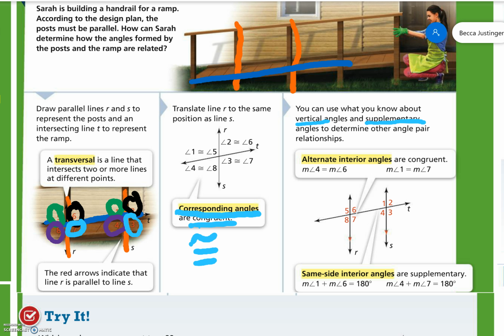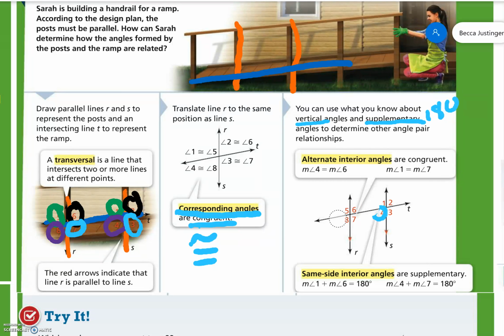Angles that are vertical to each other are congruent, and supplementary angles add up to 180. Alternate interior angles are congruent. So 4 is congruent to 6. The reason is because 4 is congruent to 8 because they're corresponding, and 8 is congruent to 6 because they're vertical.